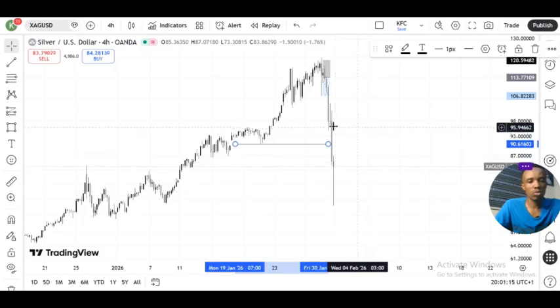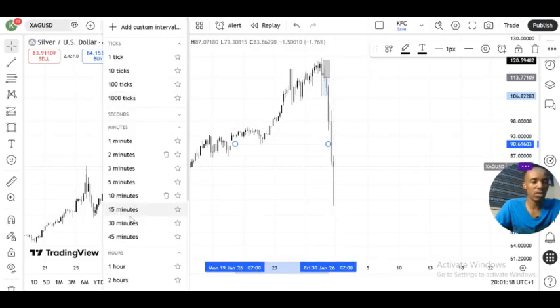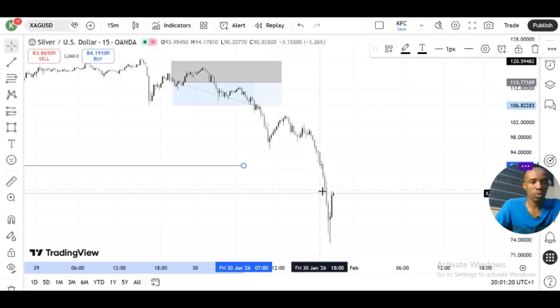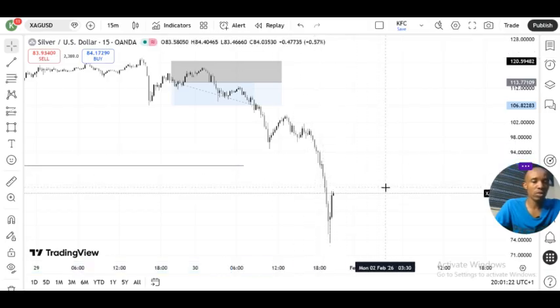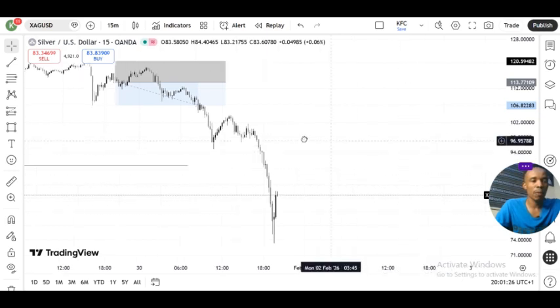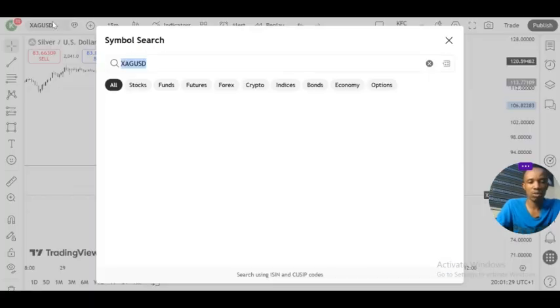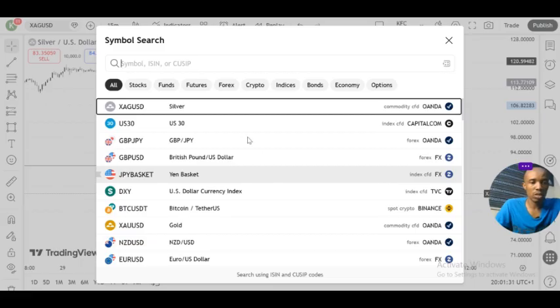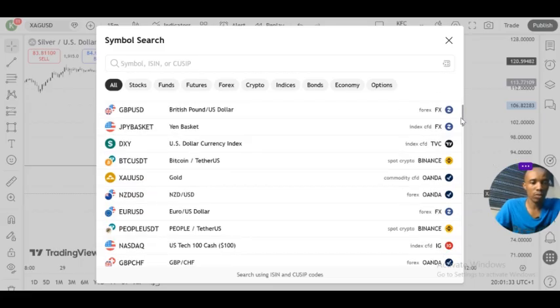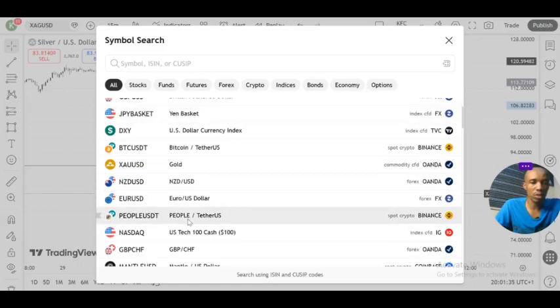So if I get any bullish pullback, I can trade. But before the bullish pullback, there should be a bearish confirmation. Once I get that, I'm going to let you know and give you updates. So stay active on the group, and we're going to have the last one, people USDT.